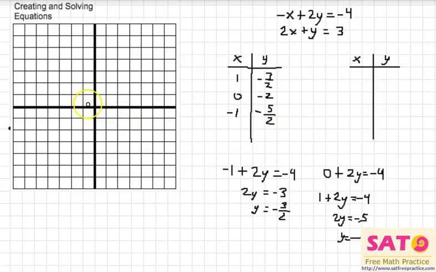Let's graph this using 1 per square. So 1 should be right here. Alright, next point, negative 2, and this point would be right here.